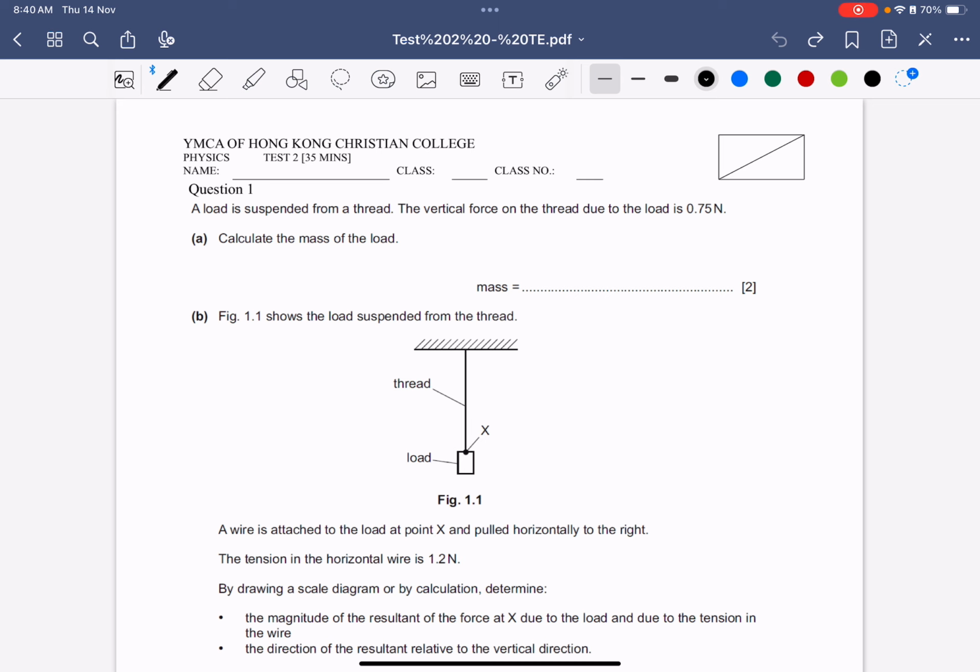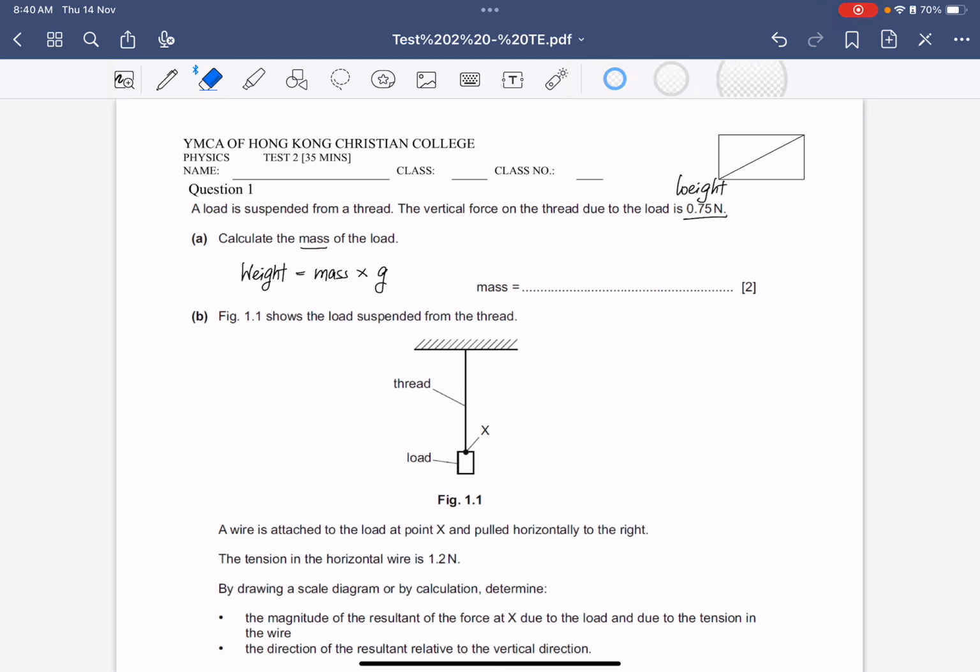For this one, we are given the weight and you are asked to find the mass. So essentially, we're using weight equals mass times g, or W equals mg, to solve for the mass.